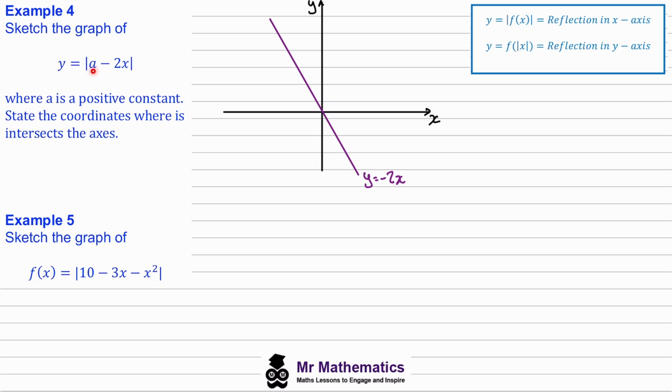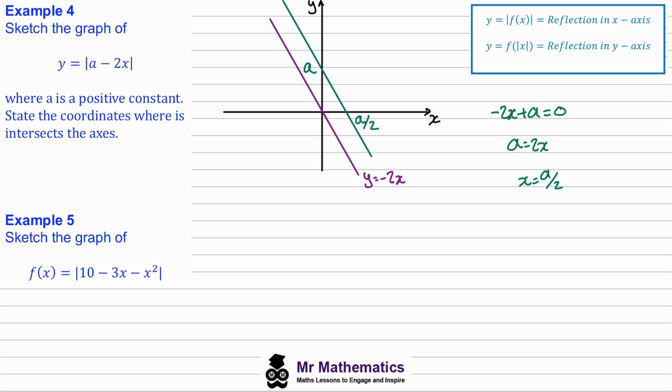And then we're adding a to the negative 2x, so this will translate this line upwards by a units. So we'll copy the graph and we'll just translate it upwards. So we'll have a y-intercept of positive a. And this coordinate will be when negative 2x plus a will equal 0. So a will equal 2x, x will equal a over 2.